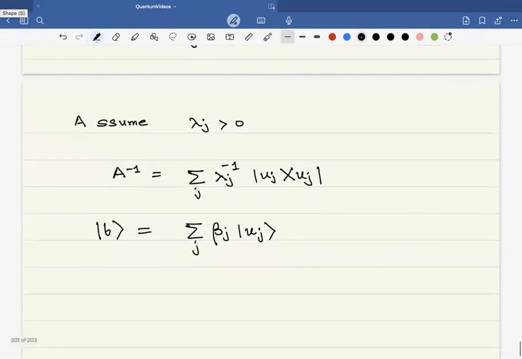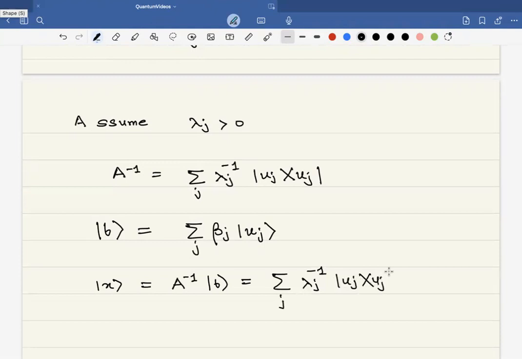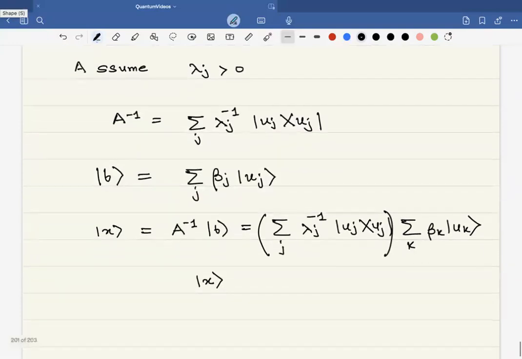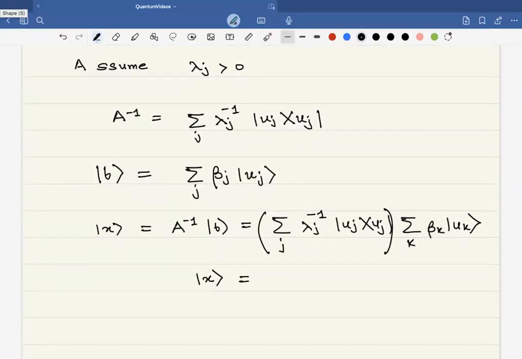And therefore, when we write this, X, which is equal to A inverse B, is in fact the summation over j of lambda j inverse u j u j dagger, and then the summation over k of beta k u k. The u j's are all orthonormal.